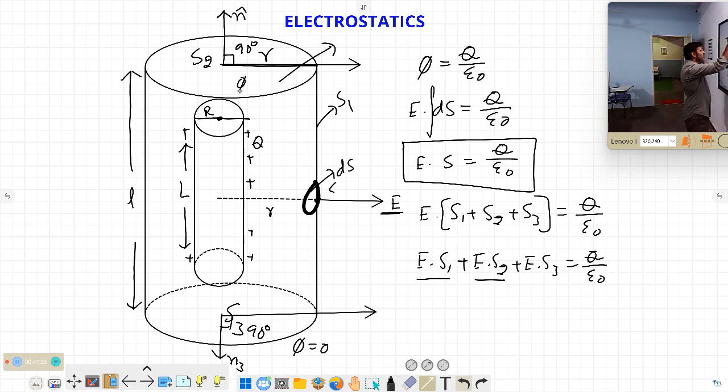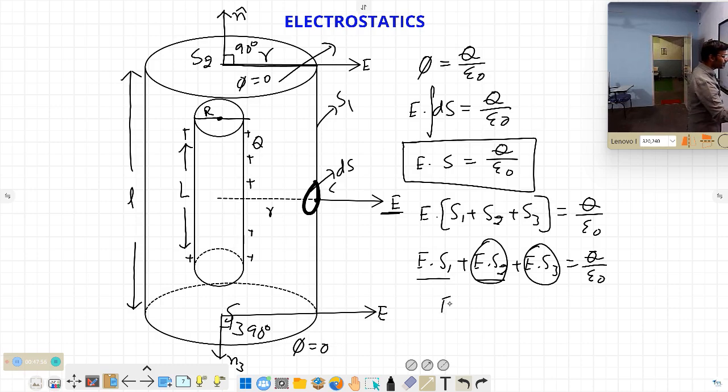Here also the flux across this becomes 0, because the electric field always exists normal to the surface, and the flux also always passes normal to the surface. In this case, it is passing along the surface. The flux is 0 due to this electric field. So the contribution of the flux across S2 and S3 is anyway 0.